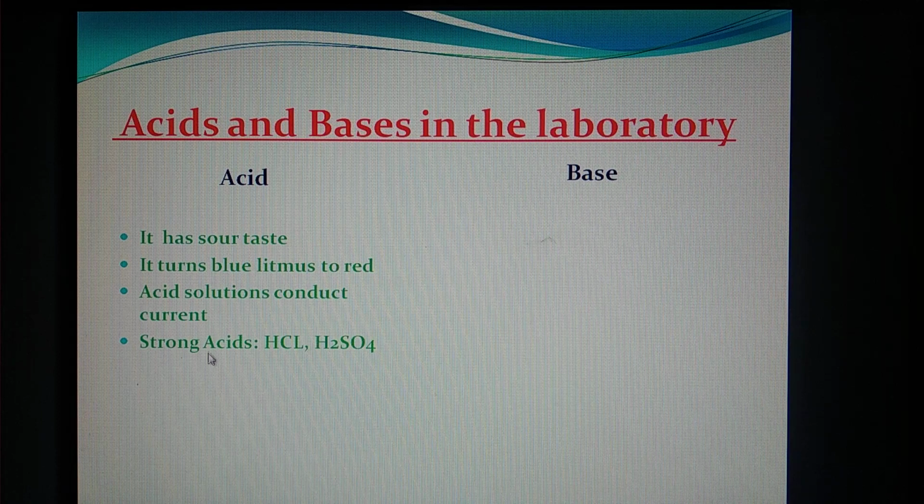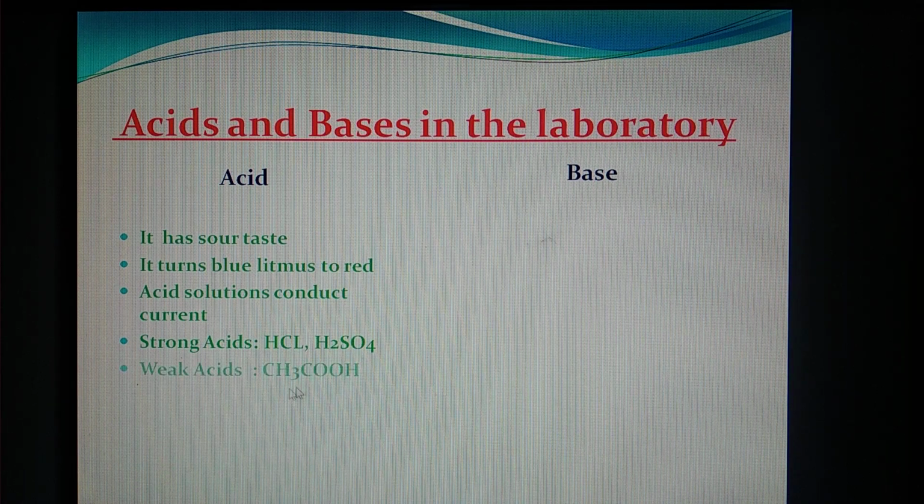Next, the concentration of all acids won't be the same. Following the concentration of the acid, they are classified in two ways. If the concentration is very high, those are called strong acids. All mineral acids are examples of strong acids, that is hydrochloric acid, sulfuric acid.